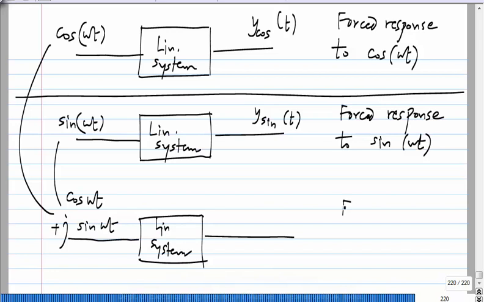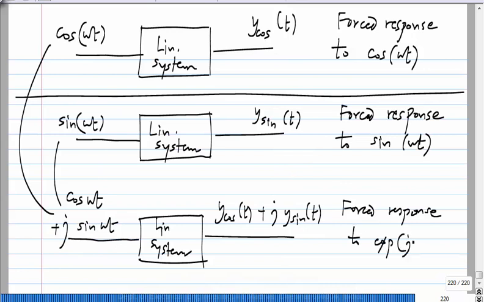What will be the force response here? It will be the same linear combination, right? Because I have a linear combination of inputs, I will have linear combination of outputs. Y cos plus j times y sin, okay. And this is the force response to cos omega t plus j sin omega t, which is basically the force response to exponential of j omega t.